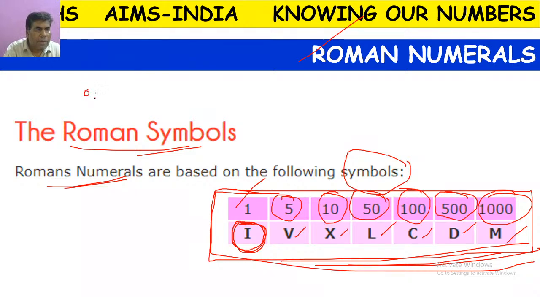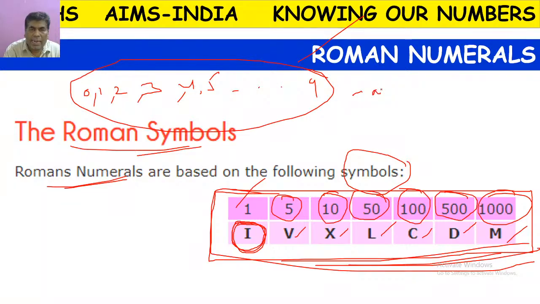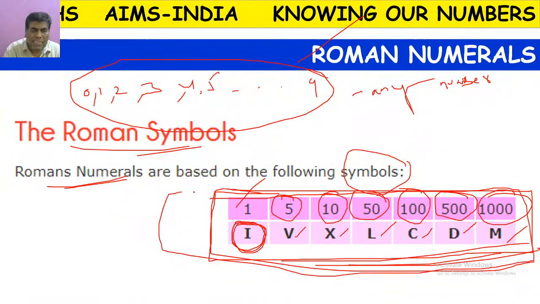Actually, in our Hindu-Arabic number system, we have 10 digits, 0, 1, 2, 3, up to 9. With these 10 digits, we can write any number. In the same way, in the Roman system also, we have some basic symbols. With these basic symbols, we can write any number.